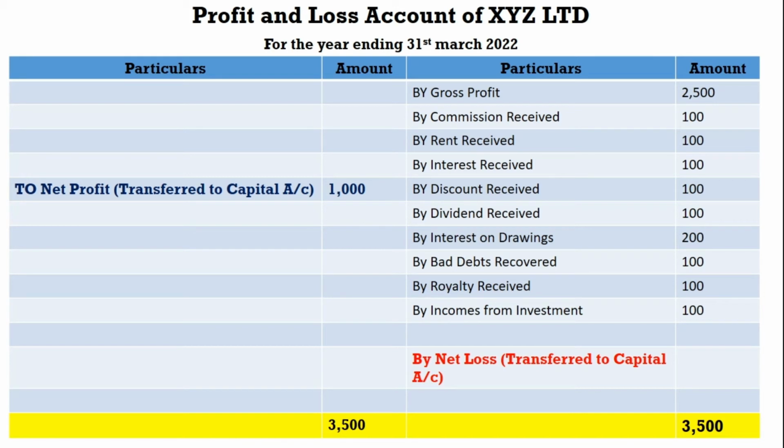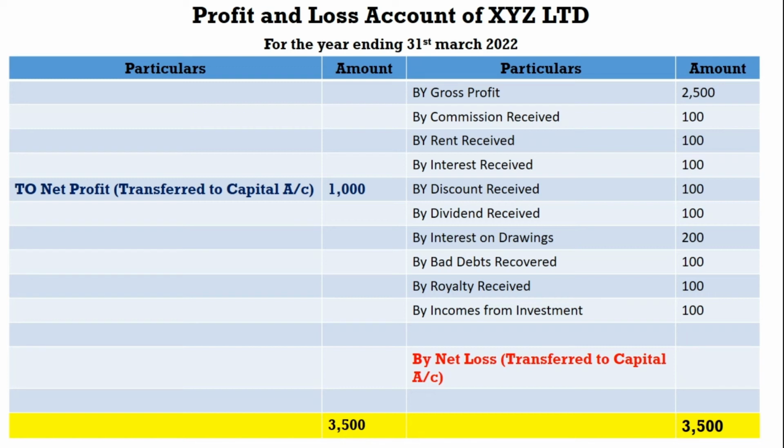We thought this money was not coming to us, but our receivable team or salesperson followed up with those customers and collected the money. That is called bad debts recovered. Royalty received: for copyright or whatever you own, it's a royalty.